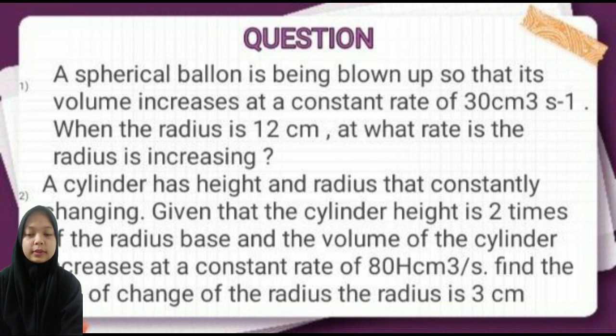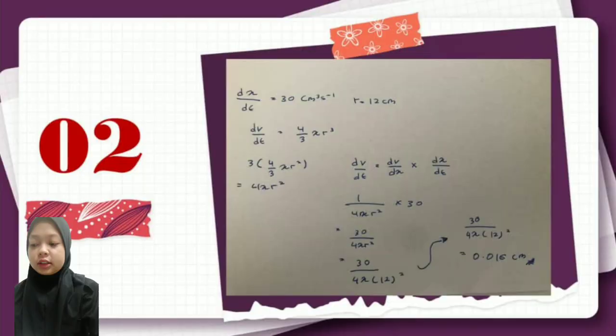A spherical balloon is being blown up so that its volume increases at a constant rate of 30 cm cubed per second. When the radius is 12 cm, at what rate is the radius increasing? The solution is dV over dt equal to 30 cm cubed per second, and r is 12 cm. So V is 4 over 3 pi r cubed, and we differentiate it and it will become 4 pi r square.